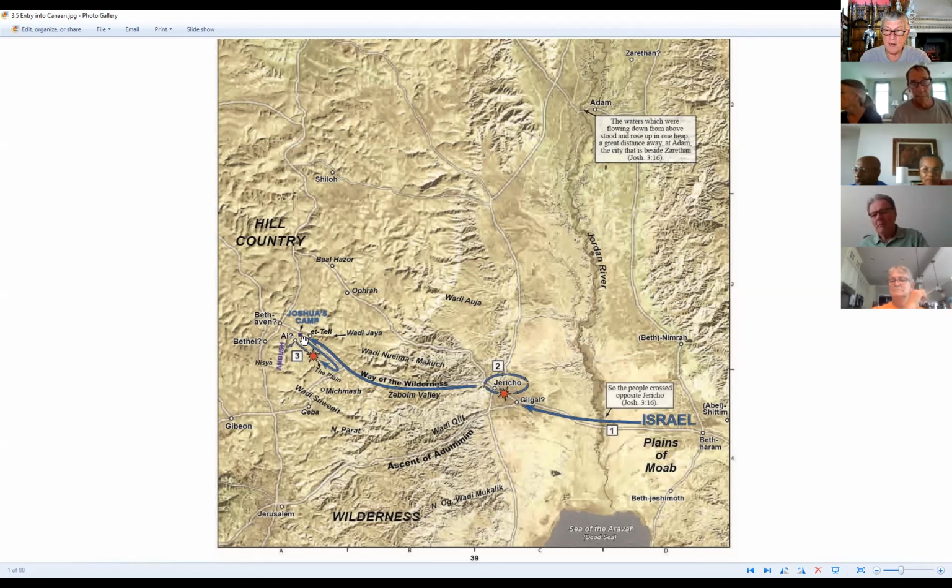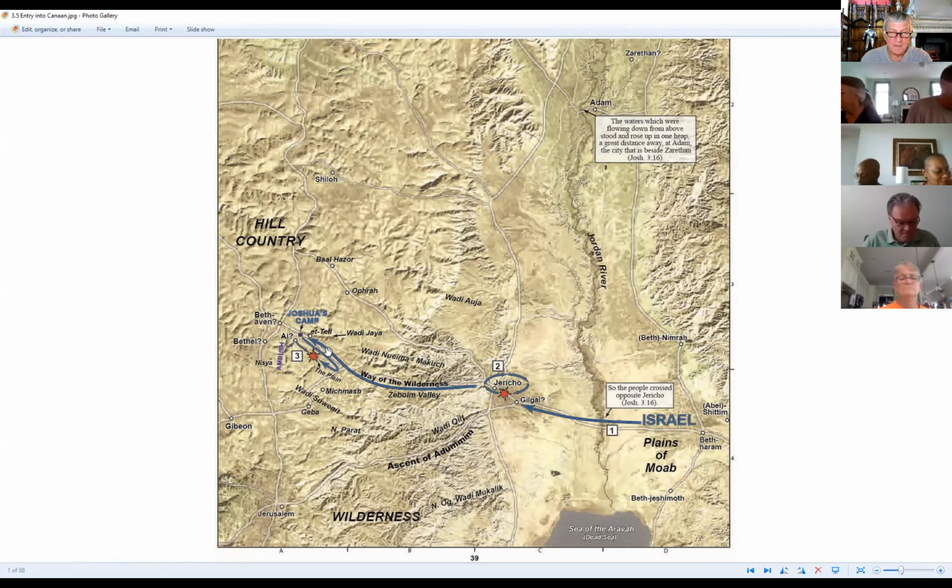Number three, he had a small detachment of hand-picked troops that located themselves up here in the rear of Ai, and they moved there under cover of night. Their job was to capture the objective of Ai that would be deserted by the defenders, who were now chasing the Israelis who were, quote, running away in a fake retreat.